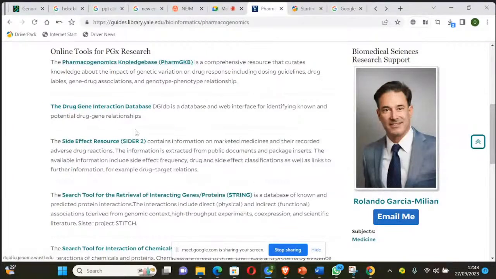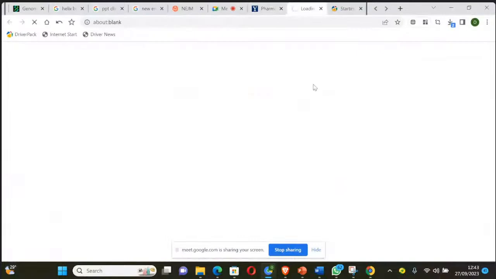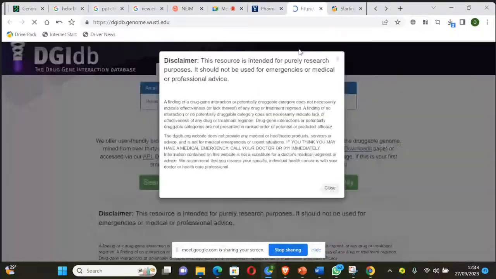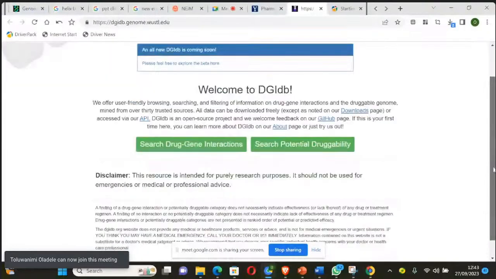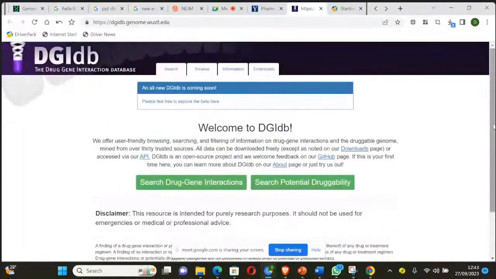Now we have the drug interaction database. What it does, it allows you to know how your genes interact with drugs and how drugs and drugs interact together.